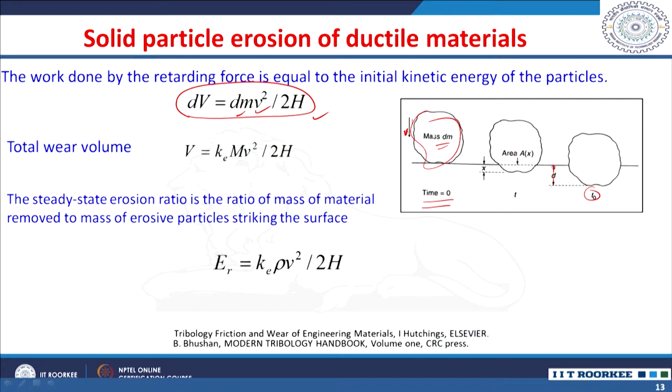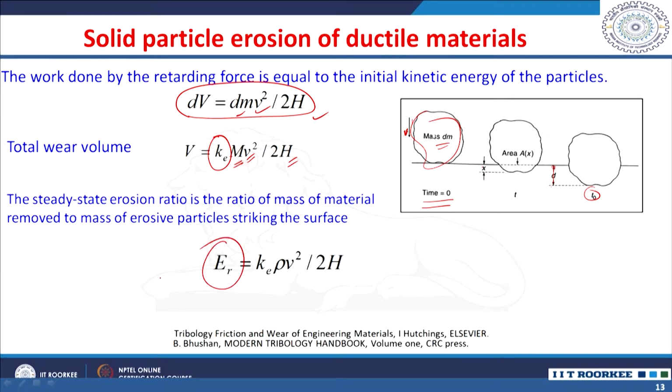The total wear volume because of this erosion for a certain exposure time t can be understood as V equal to this steady state erosion parameter. Here m is the total mass of the particles impinged, v is the velocity of the particles, and h is the hardness of the eroded material. The steady state erosion ratio is the ratio of the mass of material removed to the mass of erosive particles.